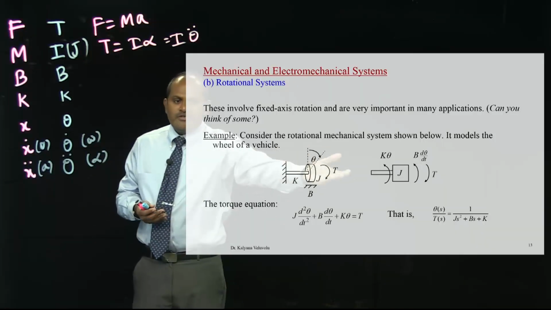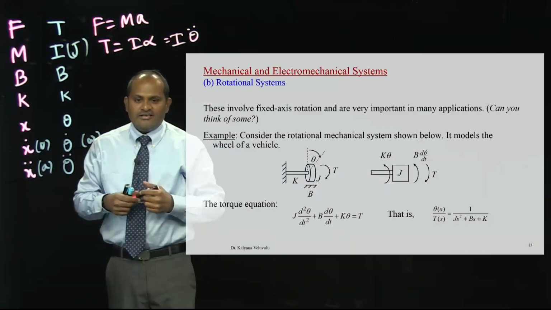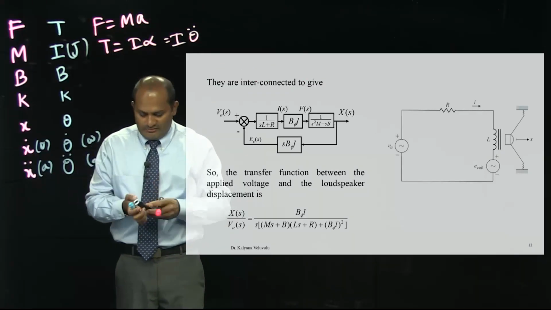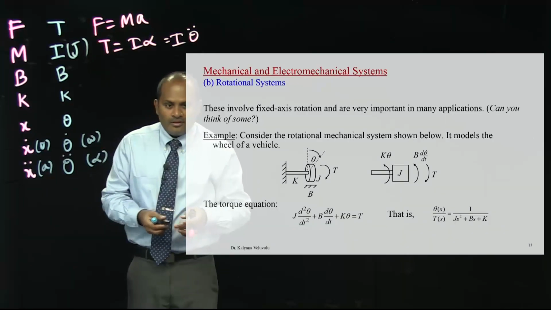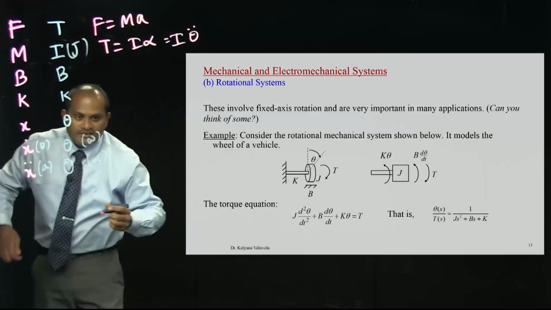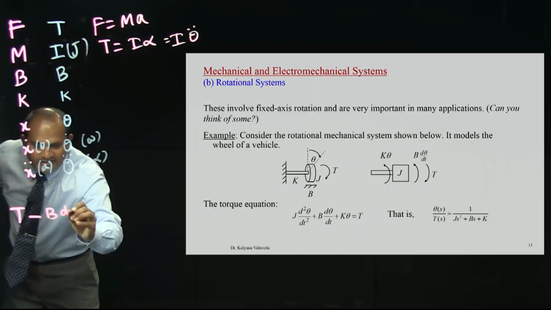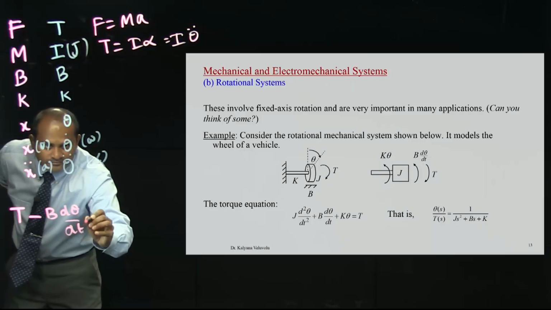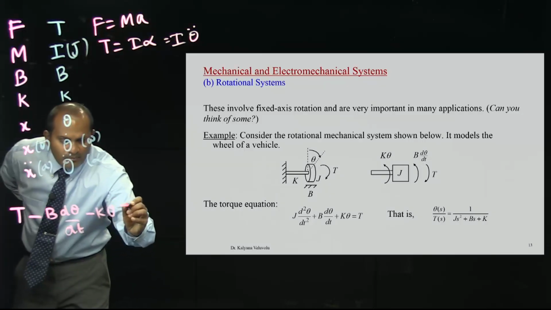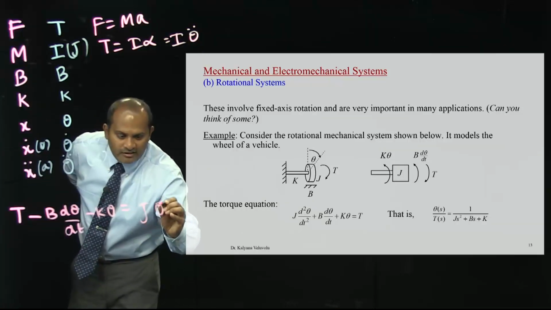From this expression, the resultant is very simple. I can write the expression as the torque minus B d theta by dt minus K theta produces J into theta double dot.